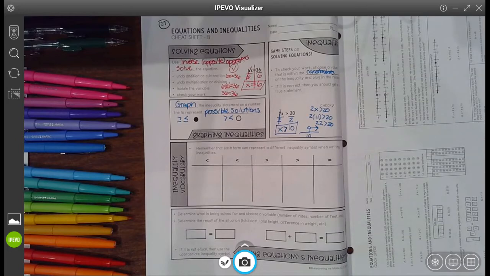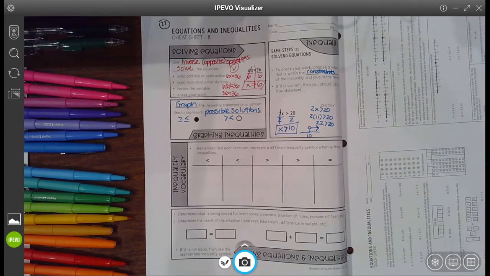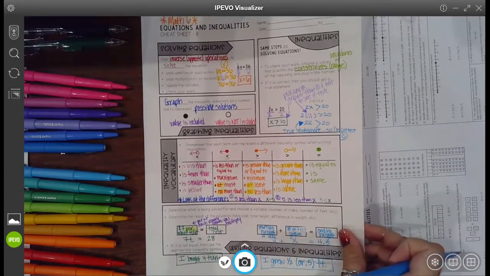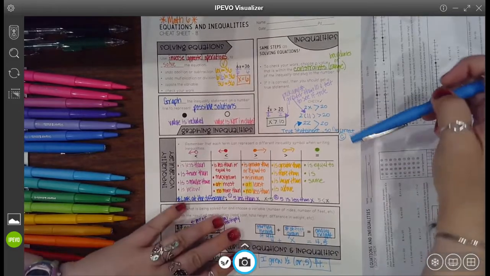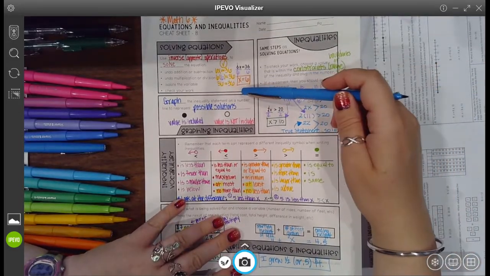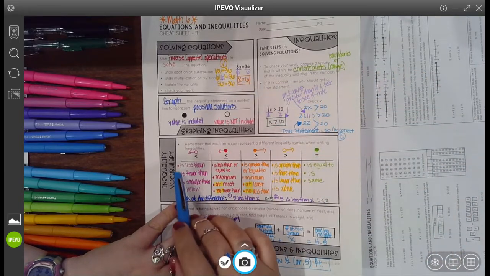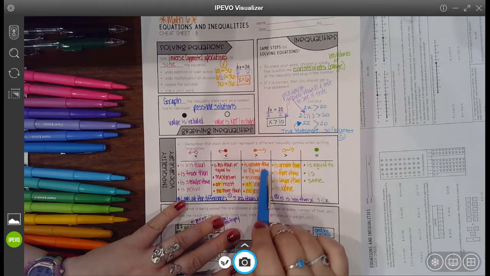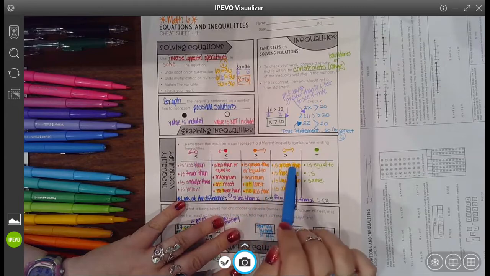Okay. Now, sometimes they like to give you a word problem or word phrase, and then you have to figure out what inequality is being used, or which sign to write for your equation or inequality. So right here, remember that we said an inequality is kind of like an equation. So if you see the words is less than or is greater than, then it's an inequality sign.